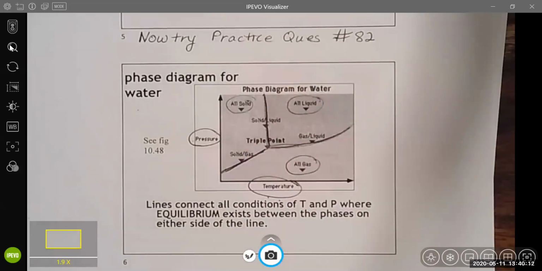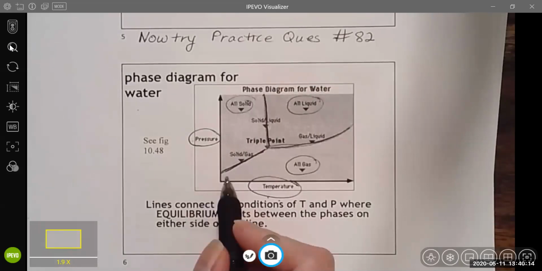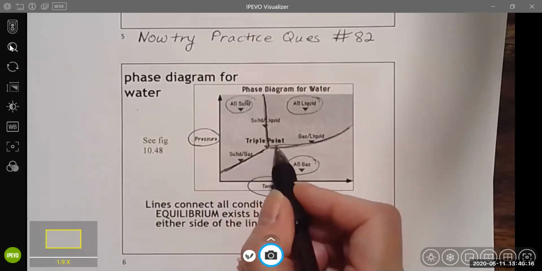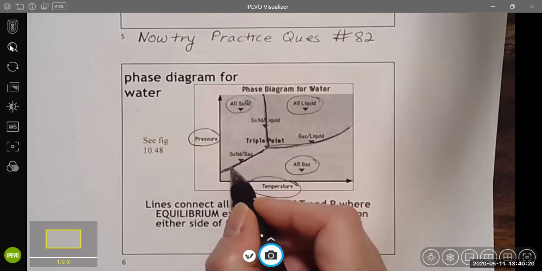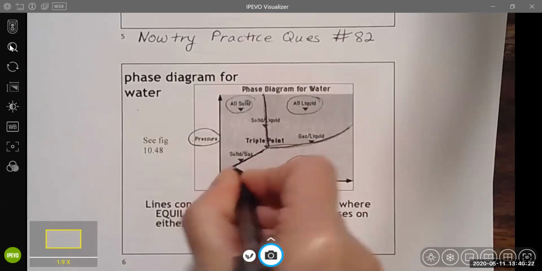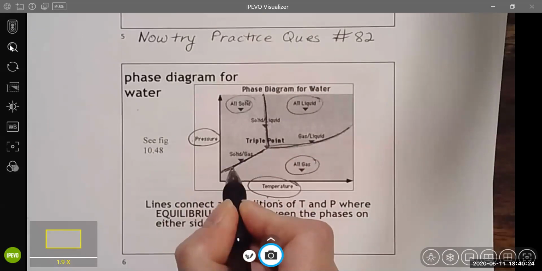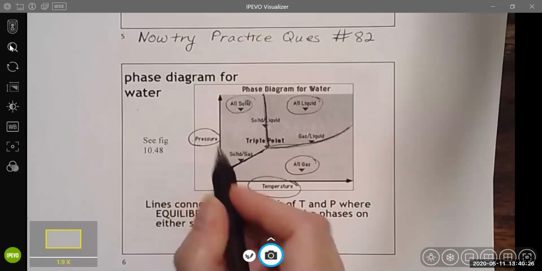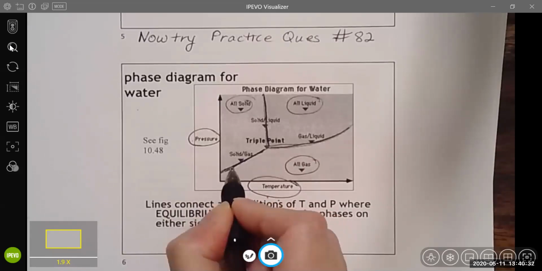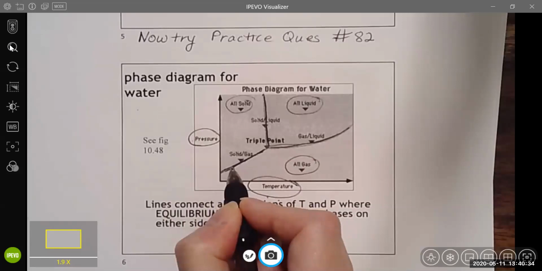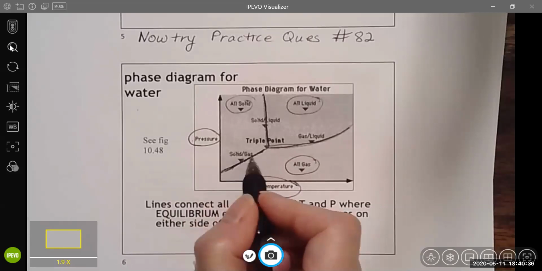And this line here represents the transition. If my pressure and temperature get me right on this line, for this substance, and this is water, so if I found the pressure and the temperature and graphed it right there, that means the substance, in this case water, would be on the line between a solid and a gas.